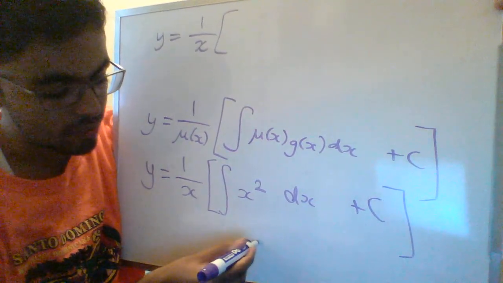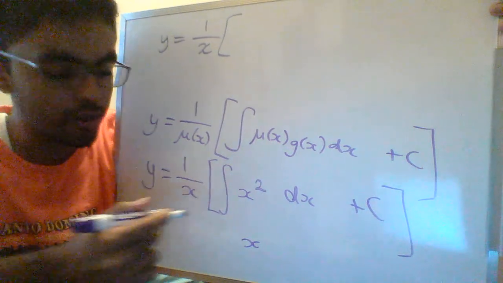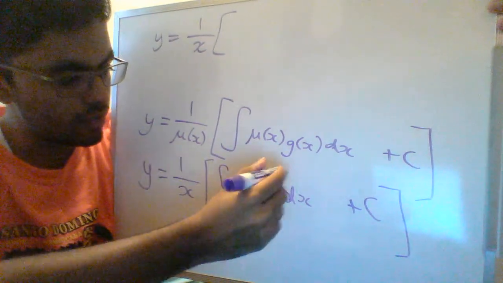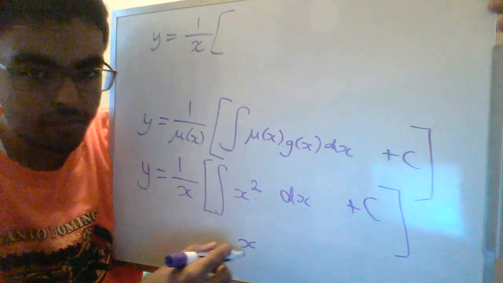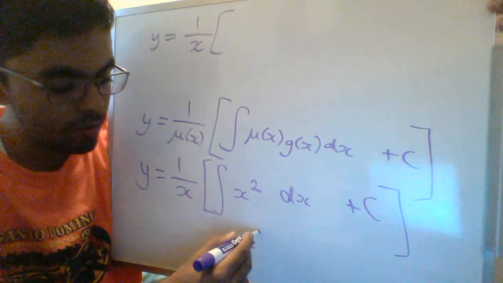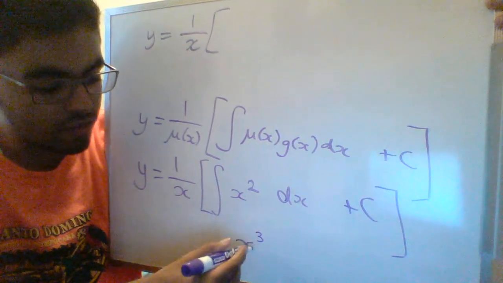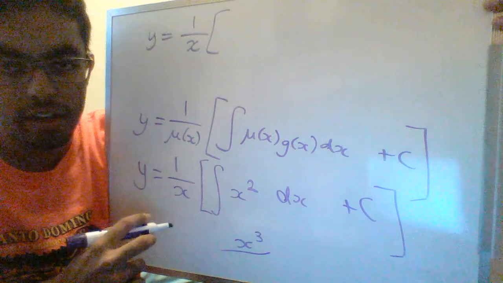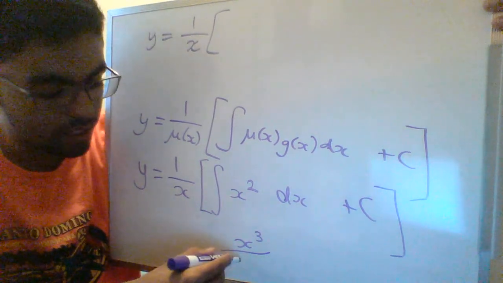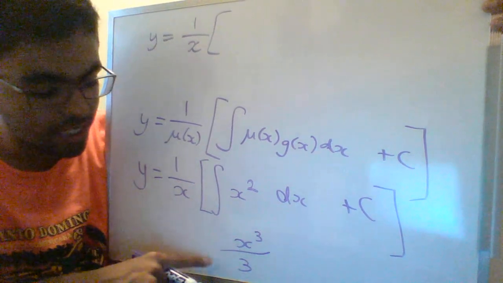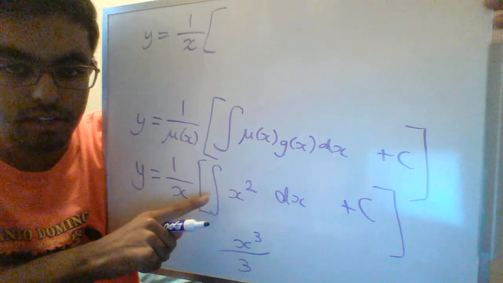So we have x squared. We increase the exponent from 2 to 3, and then we divide the whole thing by that new exponent of 3, right? So this is the answer to this integral up here.